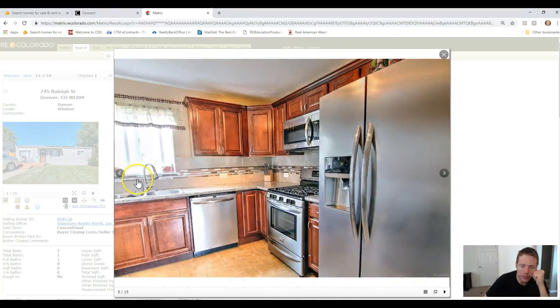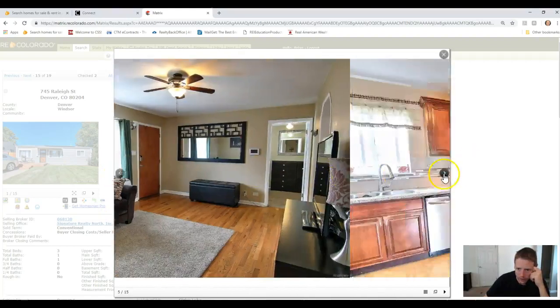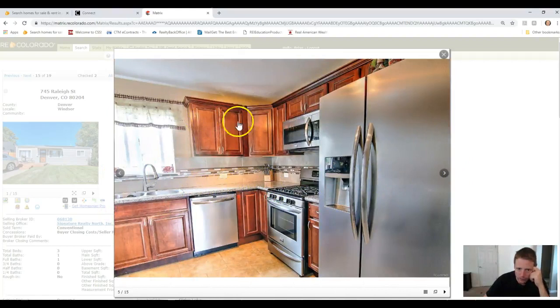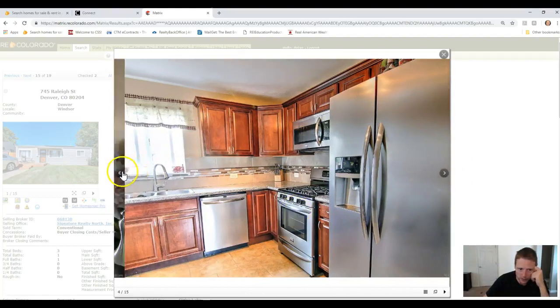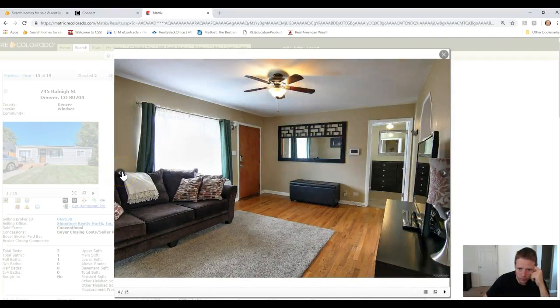This is being lived in, so it's not a brand new remodel, but it's been remodeled in the last 5 years. So it has the granite countertops, the new cabinets, stainless steel appliances. It looks like the wood floor has been redone. It's been recently painted. Looks pretty nice, right?